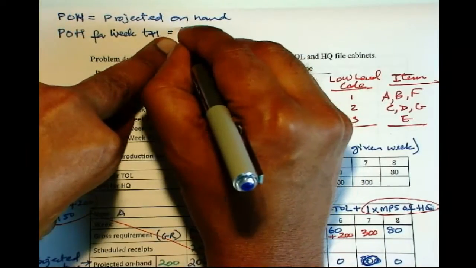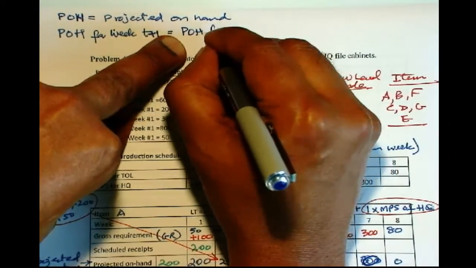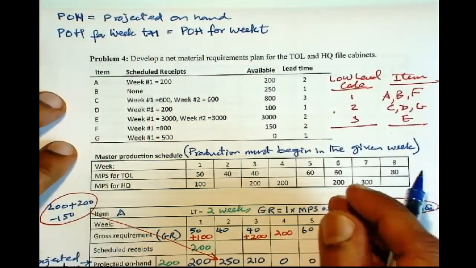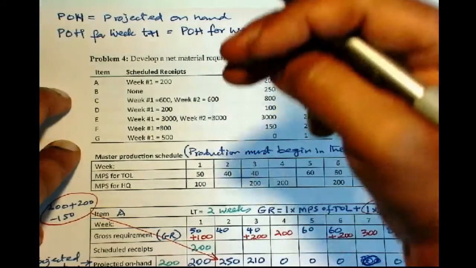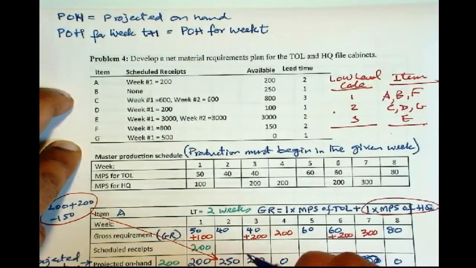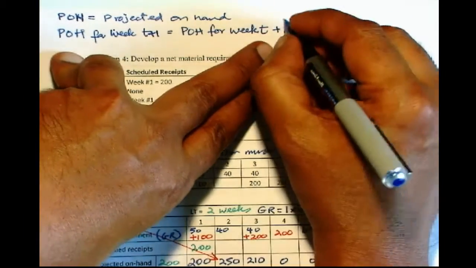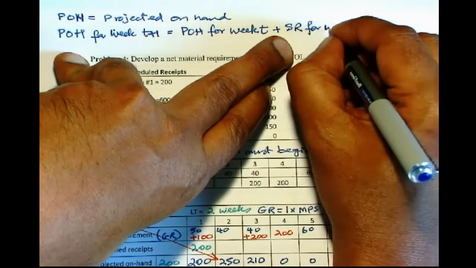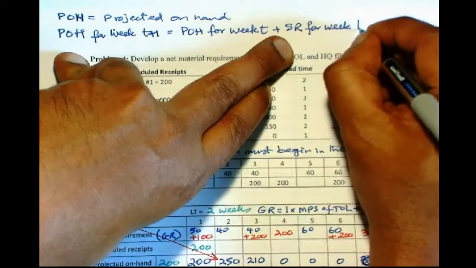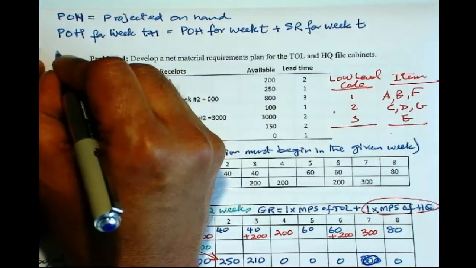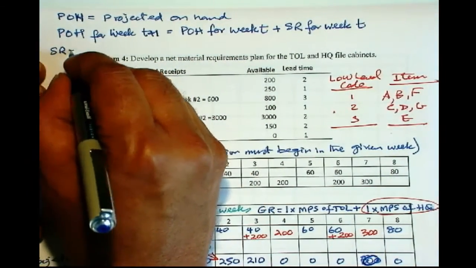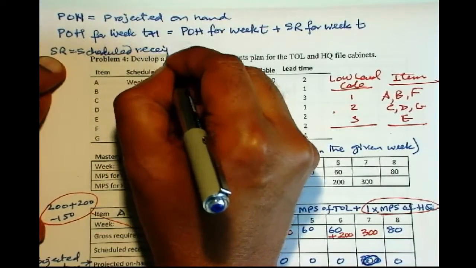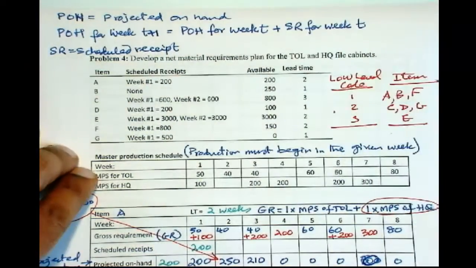So you start with projected on hand for week T. In the given week, what is going to come in? Plus scheduled receipt for week T. SR is scheduled receipt, so that's what is coming in.